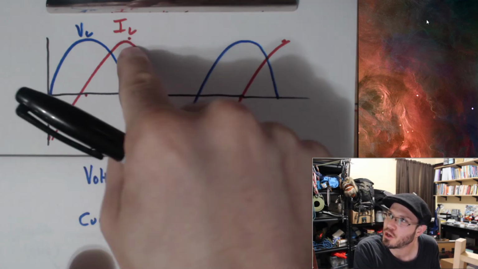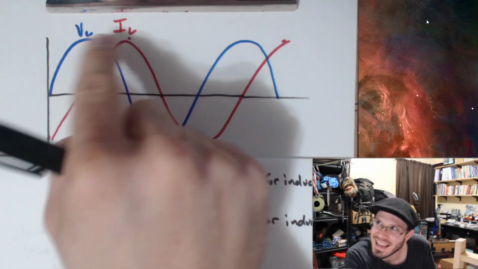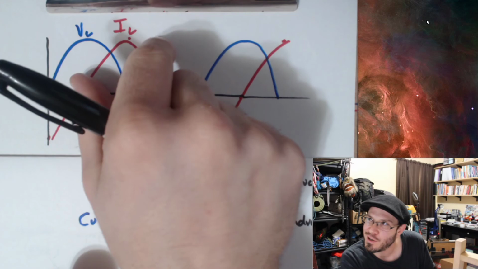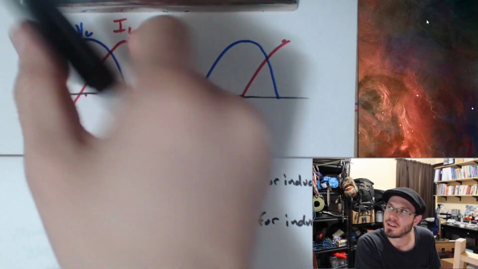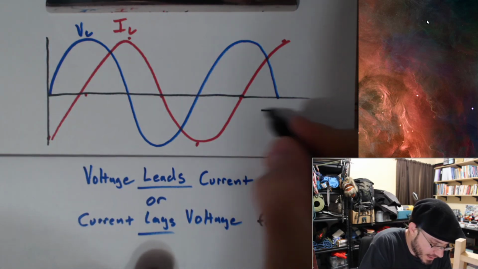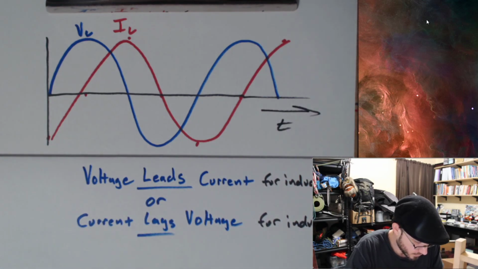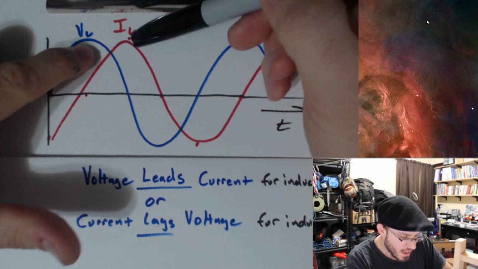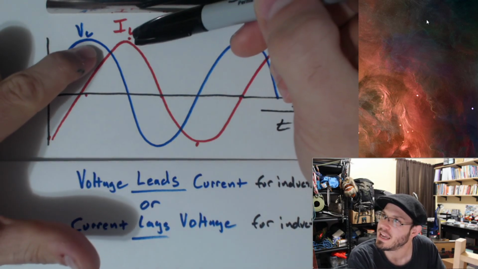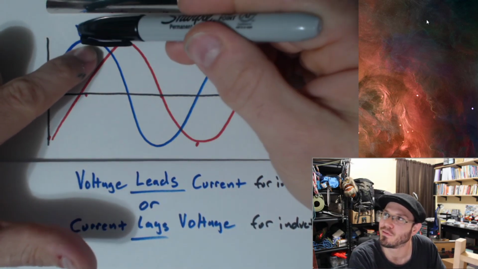Or you can say that the current falls behind the voltage. And don't get confused, because time is increasing in this direction. So if I reaches its max over here, then it's actually behind the voltage.